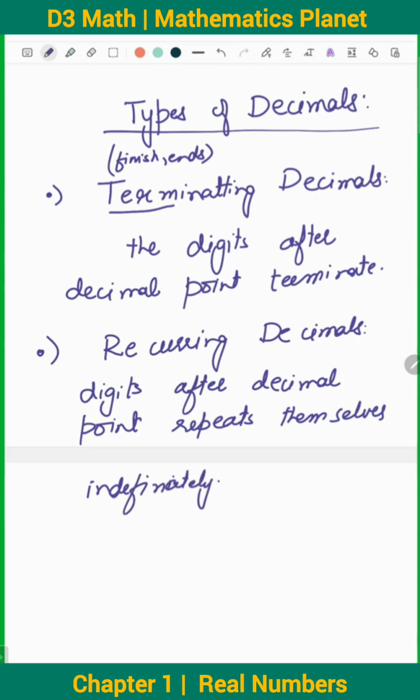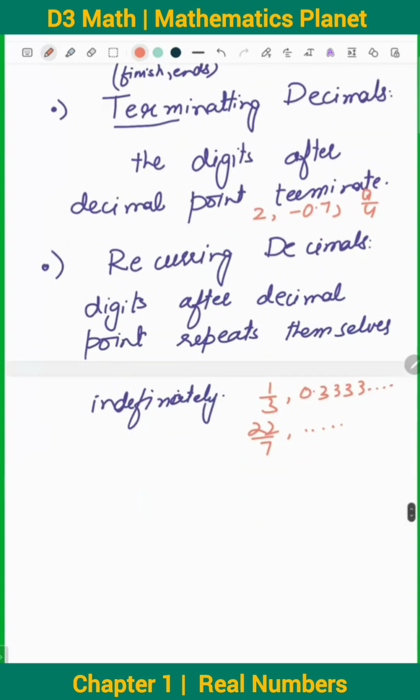So it means we have terminating decimals, in which the digits terminate. For example, terminating decimals can be like 2, like minus 0.7, 9/4. So terminating means the decimals finish. But recurring decimals are like 1/3. The answer will be 0.3333, which carries on and never stops. Then we have 22/7, whose decimal carries on and never stops. So such decimals are called recurring decimals.